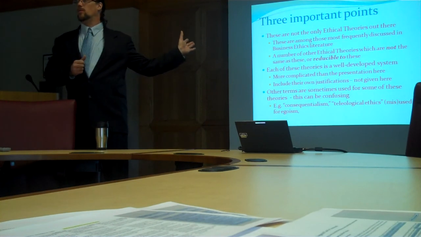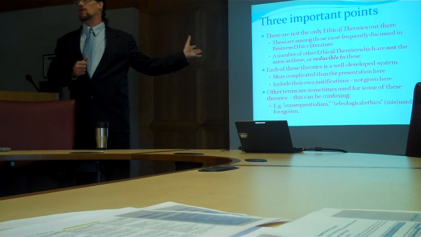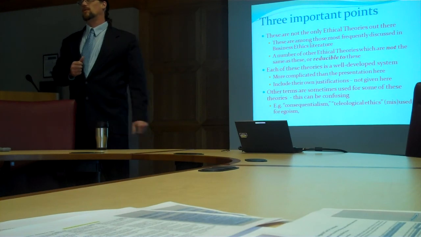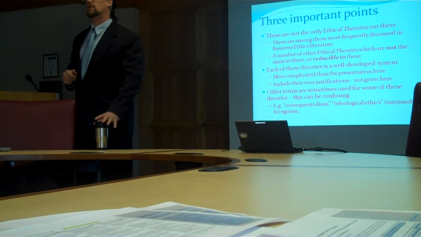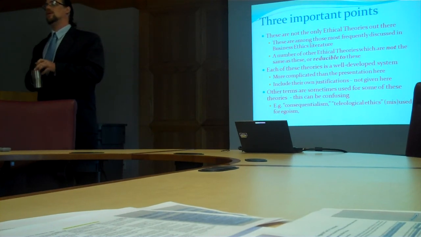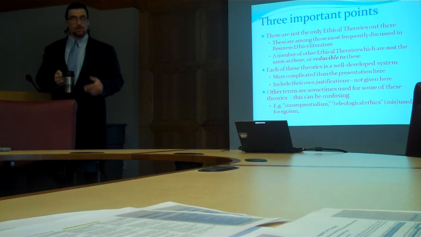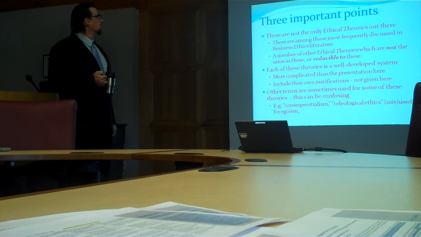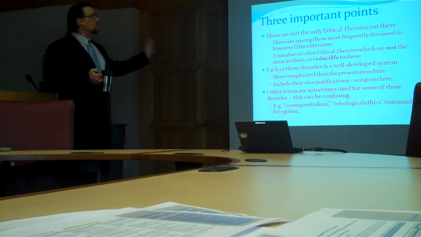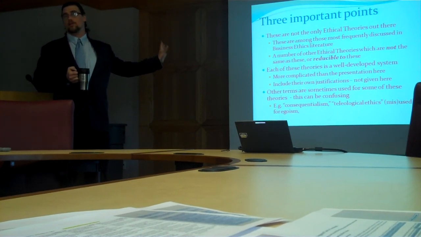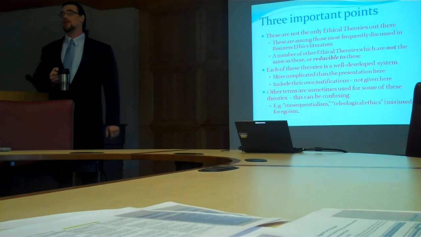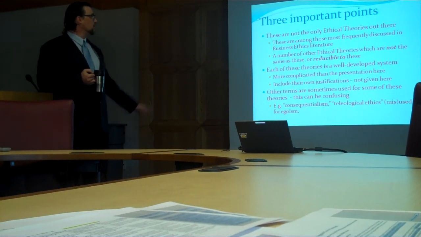These theories tend to be able to explain where rights come from. So these are more basic. And like I said, we're not covering every single ethical theory. These are the ones that you do find in business ethics literature. Each of these is a well-developed system. We're not going to try to cover the entire system. You could spend the rest of your life researching and working on any one of these theories.